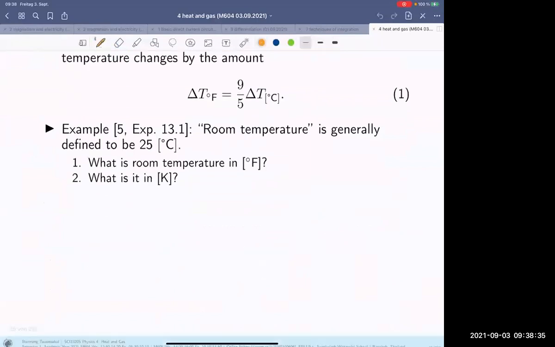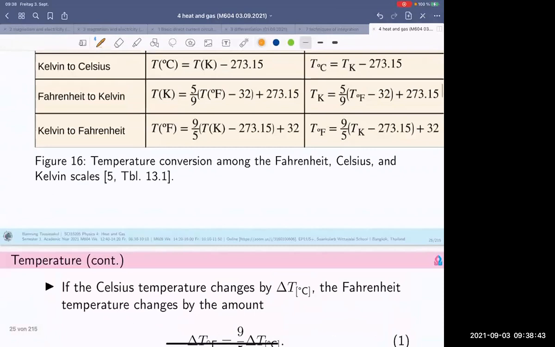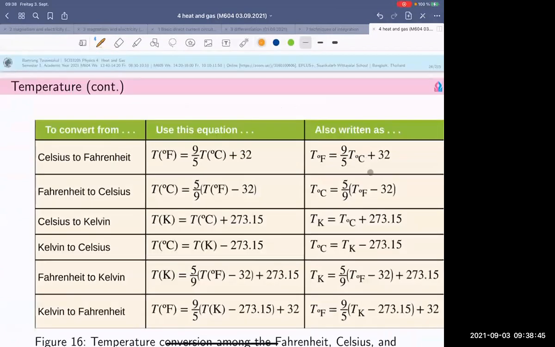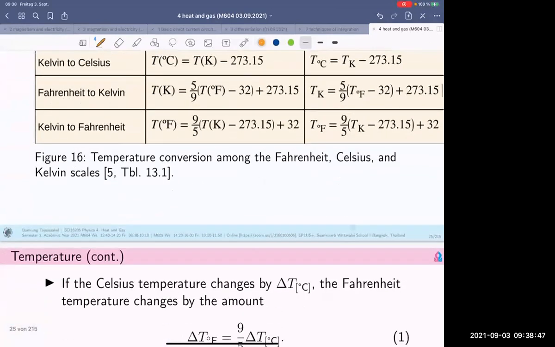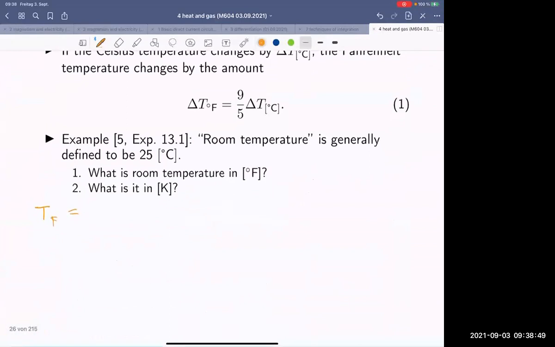T in F is equal to this expression: 9/5 of T in Celsius plus 32.